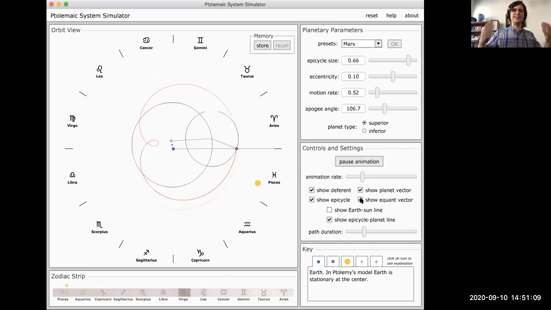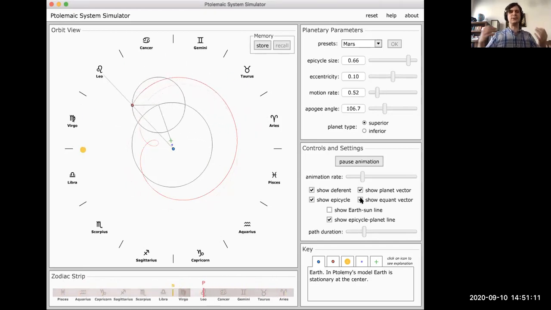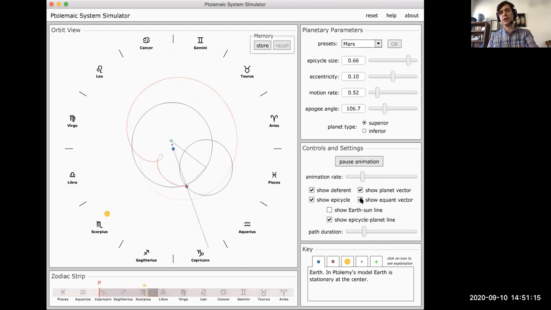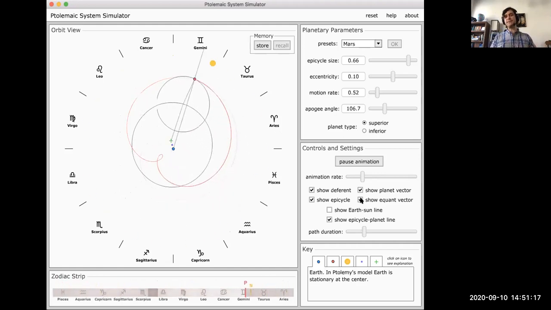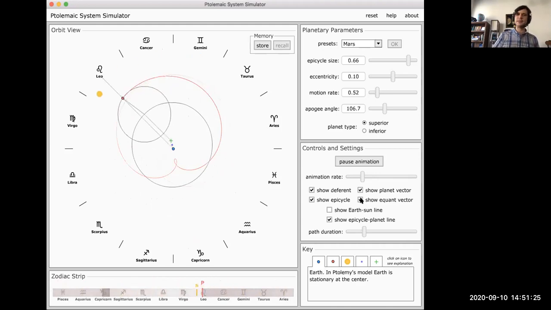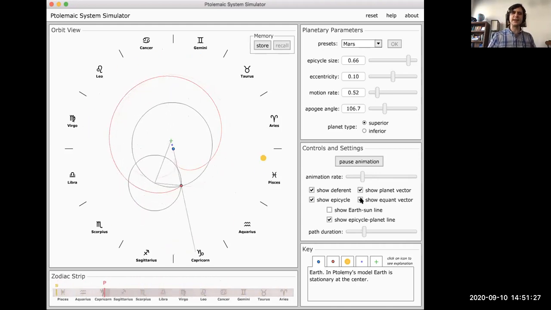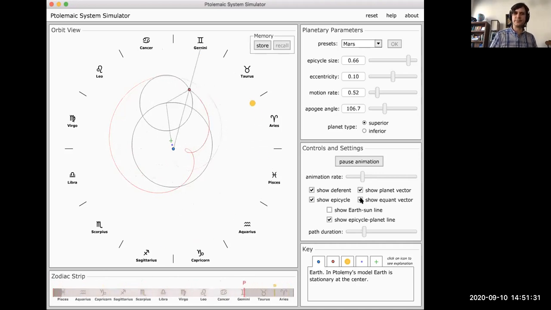Every planet has its own deferent and every planet has its own epicycle, and it moves on the epicycle. And the speed it moves on the epicycle, while constant, is set for that planet's epicycle, and it can be a different speed for a different planet's epicycle. And each planet's epicycle moves on its own deferent, and the speed that it can move on a deferent is different for each planet and its deferent.